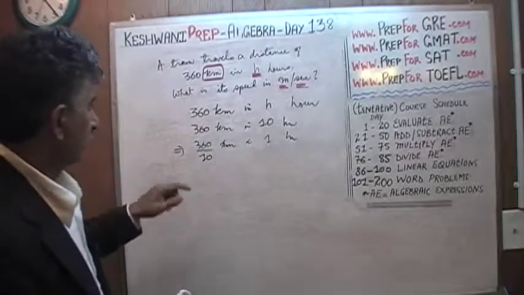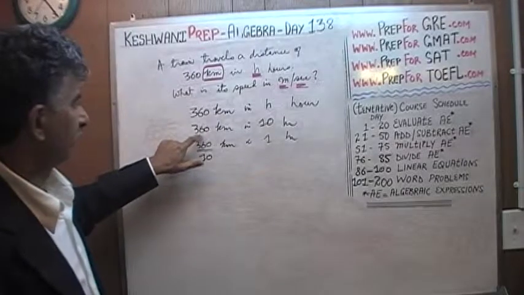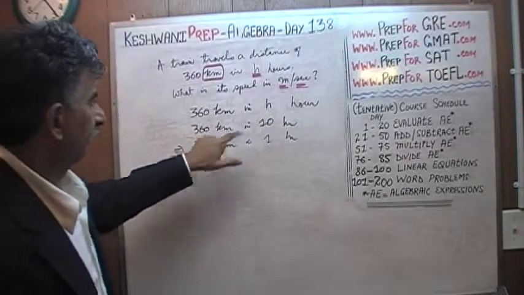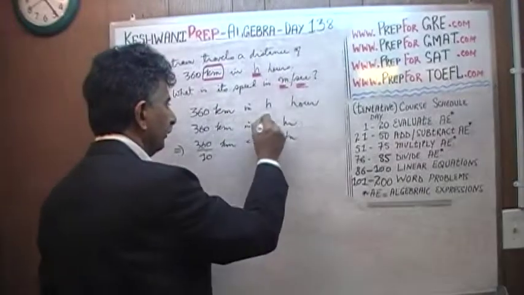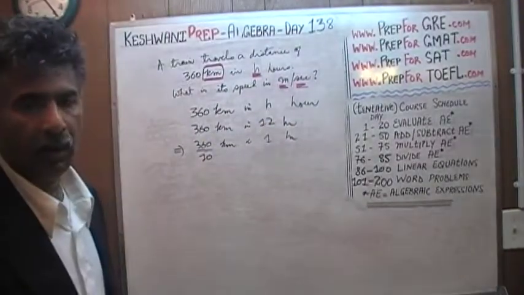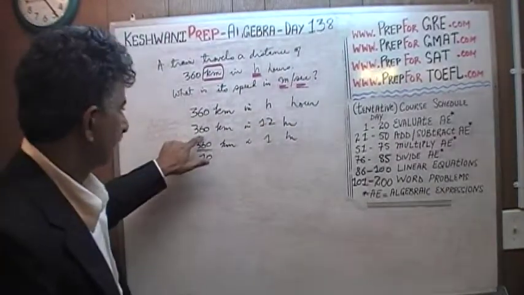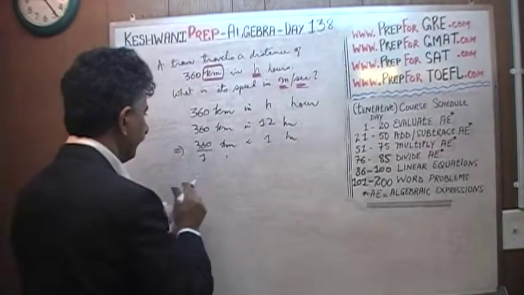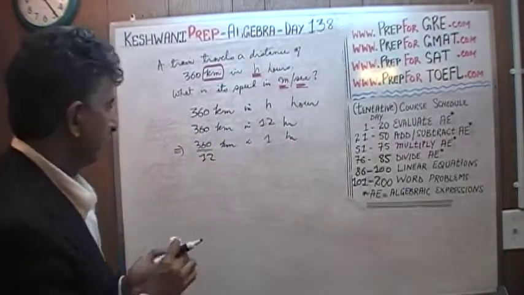If on the other hand we were told the train is traveling 360 kilometers in 12 hours, how do we find out how much it travels in 1 hour? Divide 360 by 12. The same exact logic is going to apply here.